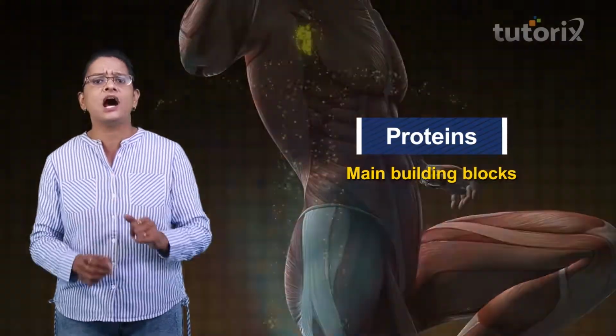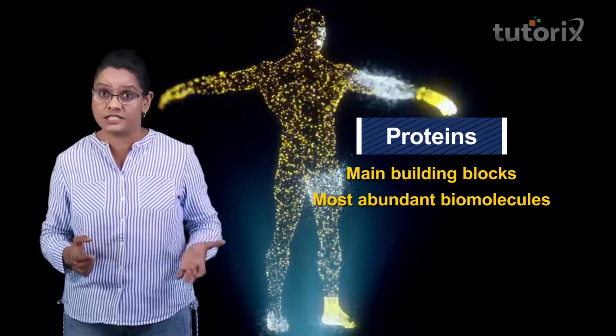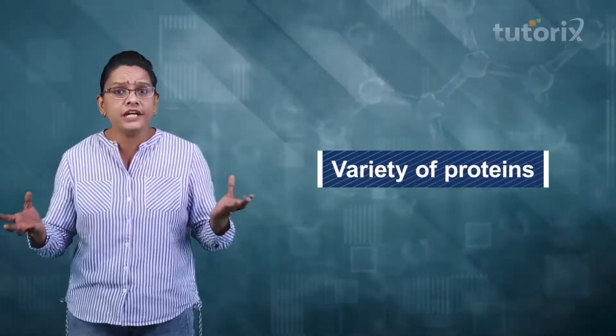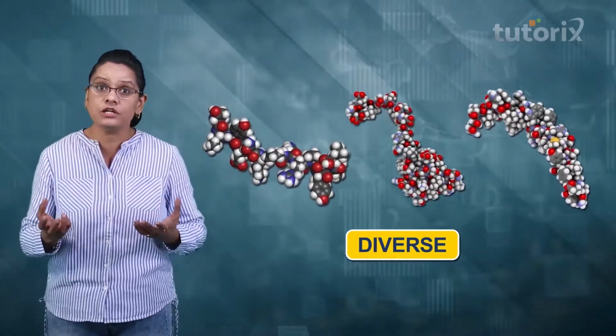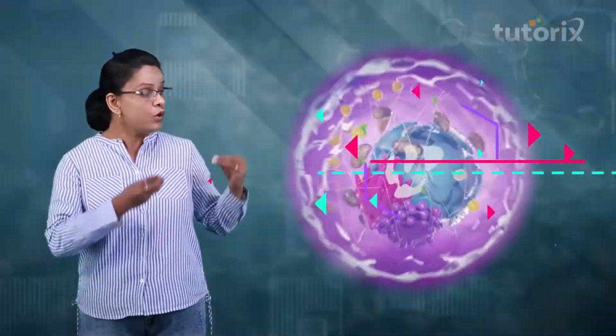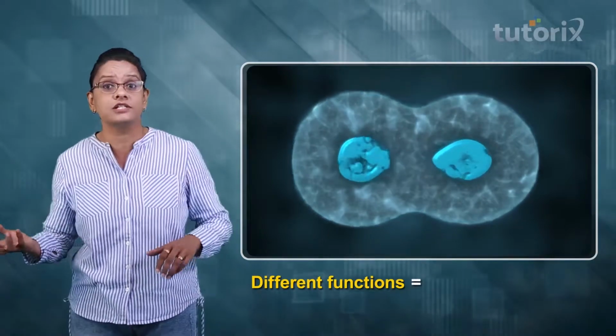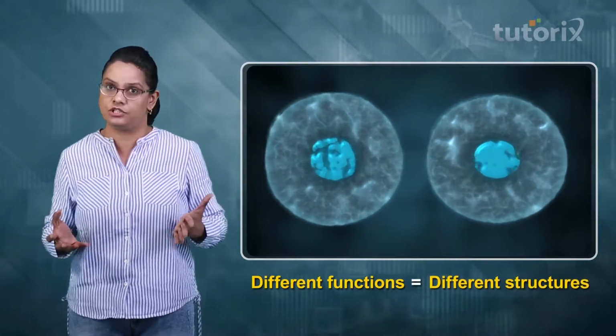And also they are the most abundant biomolecules in living systems. And there is a variety of proteins. So proteins are diverse in their structure and also in their function. There is a variety of proteins exhibiting different structures and consequently different functions. So in a cell, there can be thousands of proteins performing different functions because of their different structures.